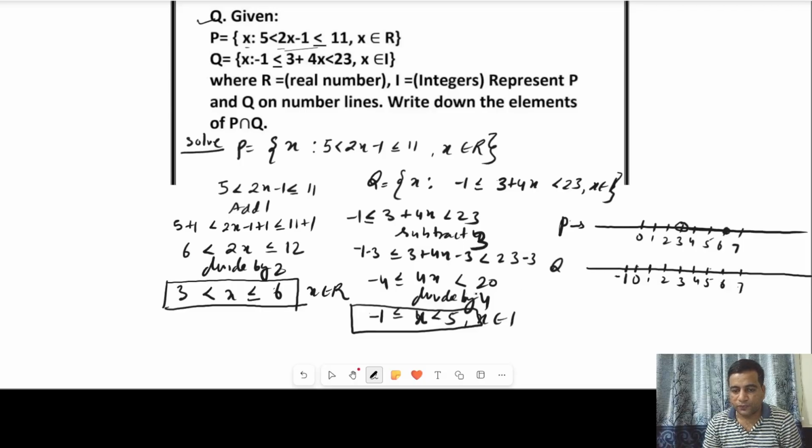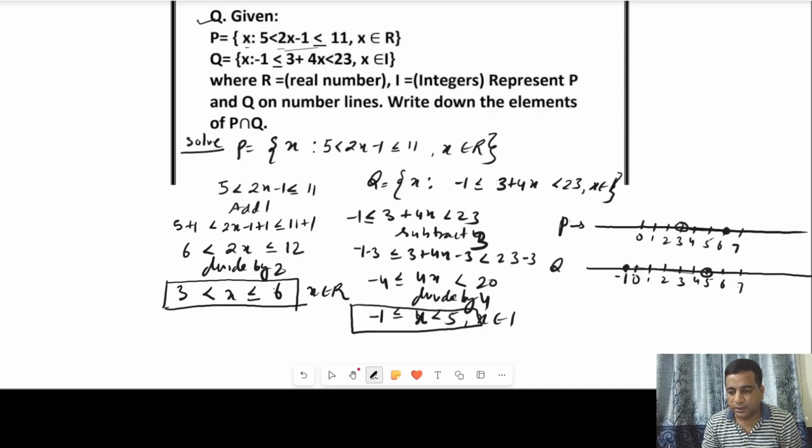Now for Q, x is greater than or equal to -1 and less than 5. So this is -1. Equality is put here, so -1 is included and 5 is excluded, but here it is given that x is an integer.